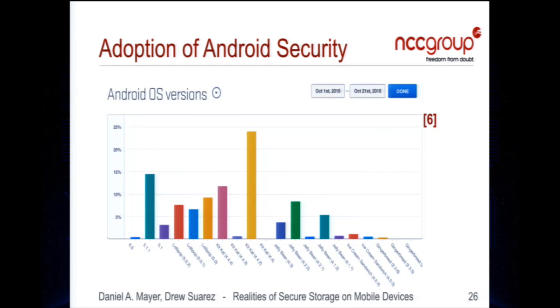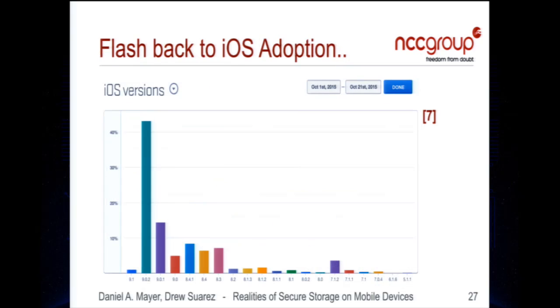But if we contrast that with iOS adoption, we can see that the vast majority of users are already on the latest version of the operating system, which means they have all the latest security features and bug fixes, things that Android users will have to wait years, if ever, to get pushed to their handsets, depending on the model you have.